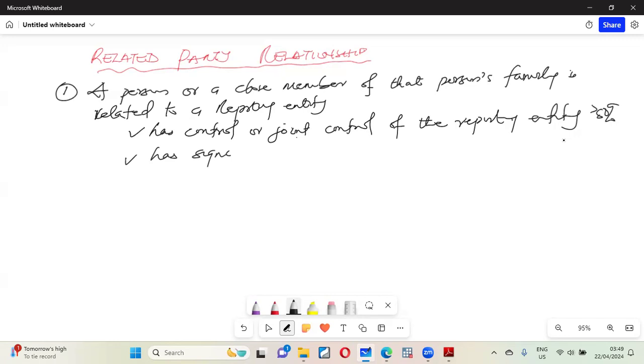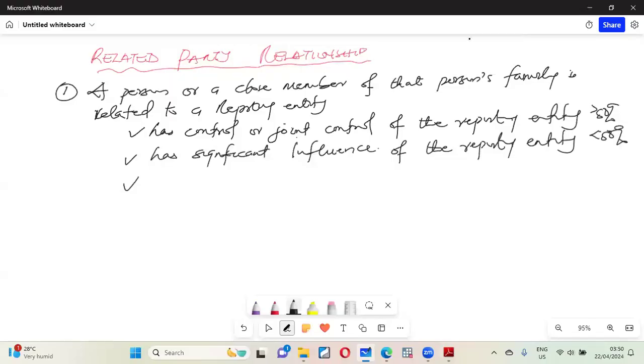Then we come to the third thing. In the third thing, we are looking at whether the person or a close member of that person is related to the reporting entity. And how is the relationship?